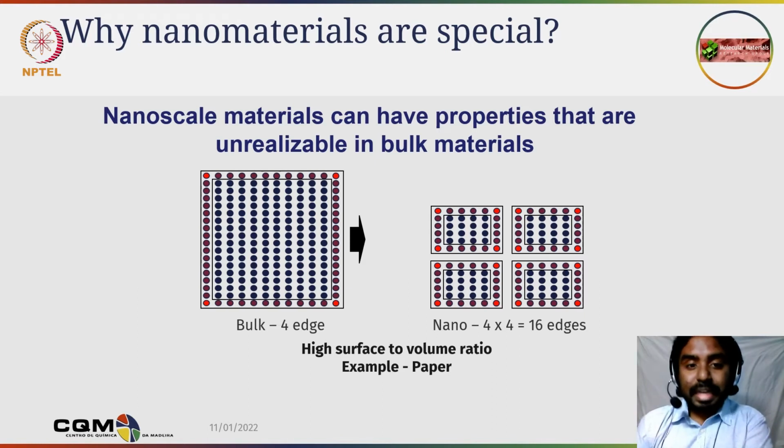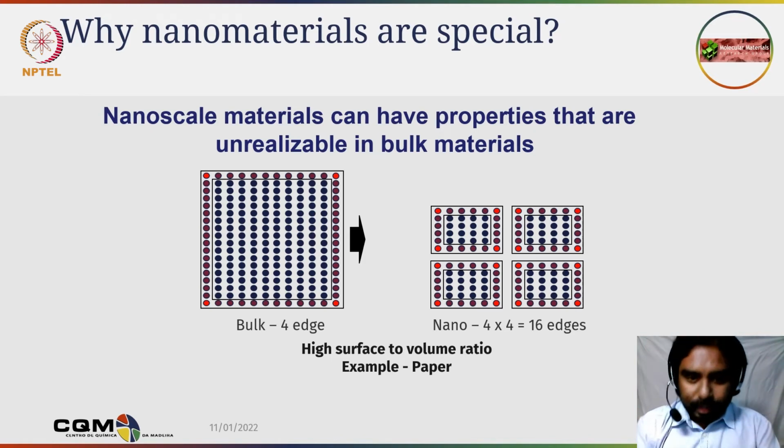Only then is it called a nanoparticle. When you reduce their size, the surface property differs, they have a high surface to volume ratio, so that's why it is behaving differently.